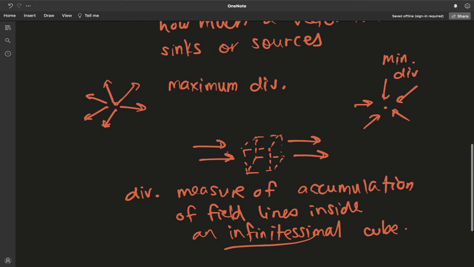Okay, so for this one with the maximum divergence, the field is given by x, y, z. Calculate the divergence, and you get 3.